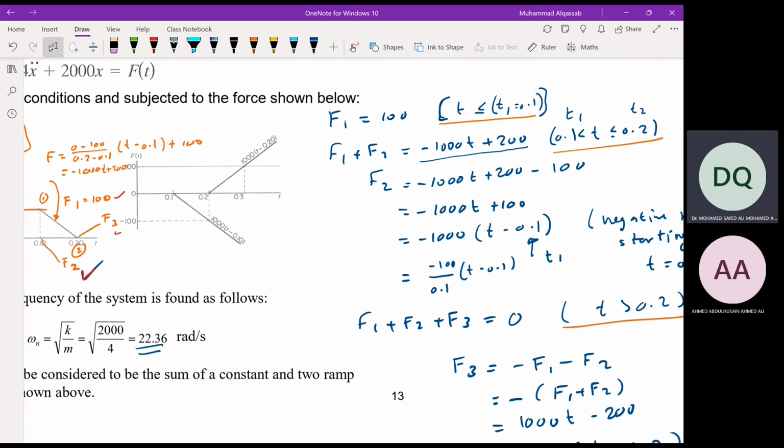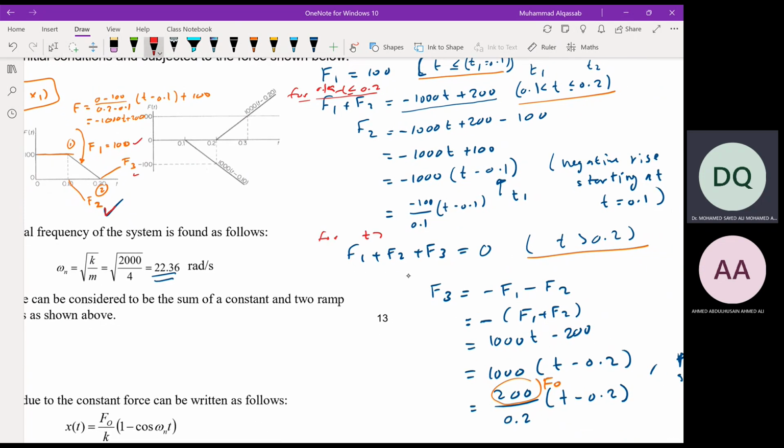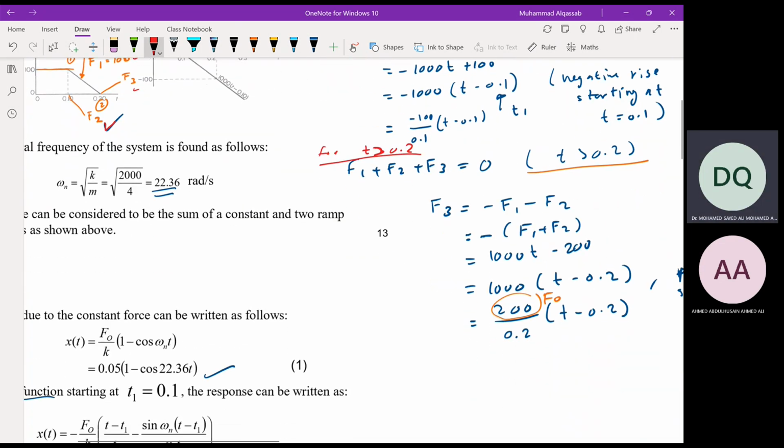F1 is 100, and it's valid for t less than or equal to 0.1, and then F1 plus F2 for the second interval, for t greater than 0.1, less than or equal to 0.2. F1 plus F2, and then you can find F2 from here, and then for t greater than 0.2, F1 plus F2 plus F3 equal to 0, and we can find F3.